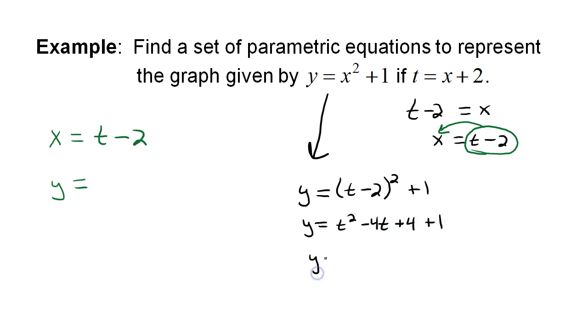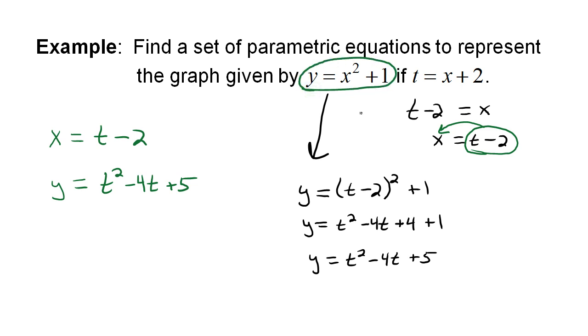So I end up with y equals t squared minus 4t plus 5. So my final equation over here, I've got x equals t minus 2, and I've got y equals t squared minus 4t plus 5.